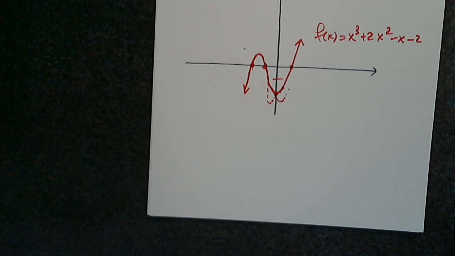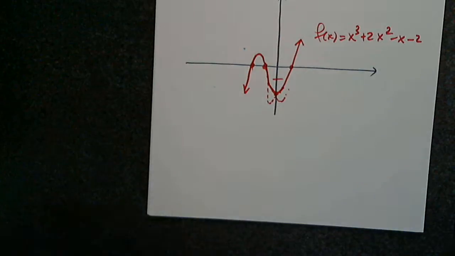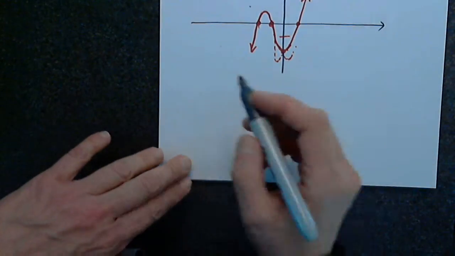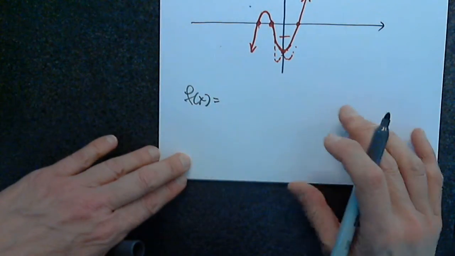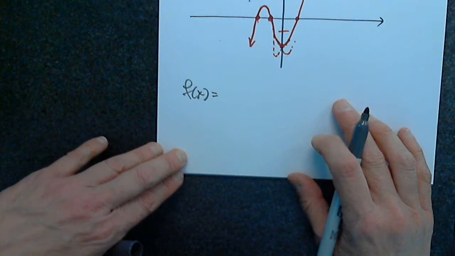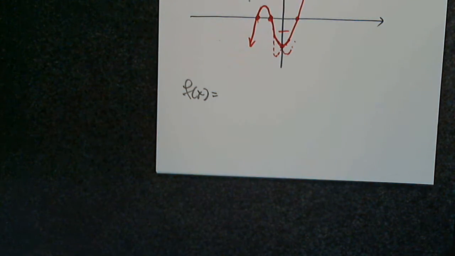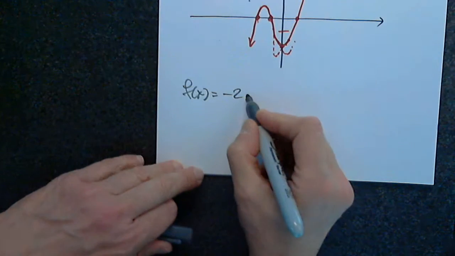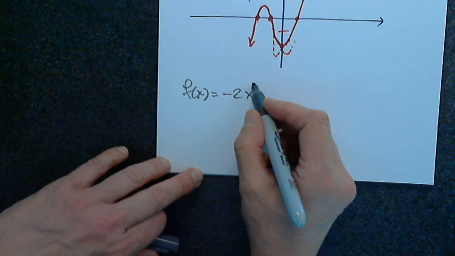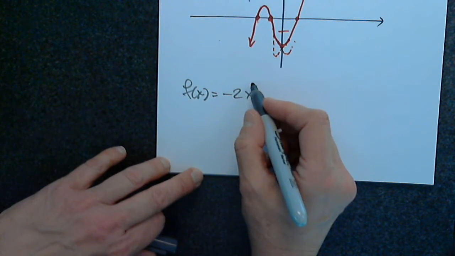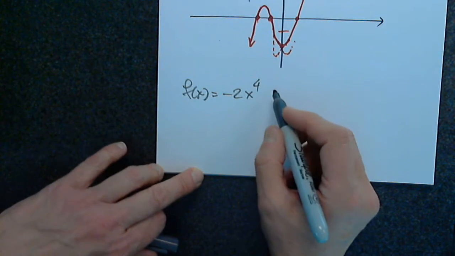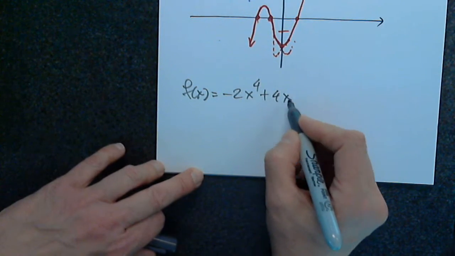And we had of the even degree, if you can remind me what it was, I forgot. There was the other function, f of x equals, I can look. Do we have it? F of x equals negative 2 x to the 4th plus 4x cubed.